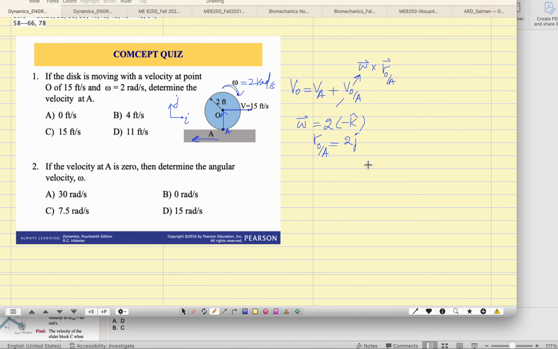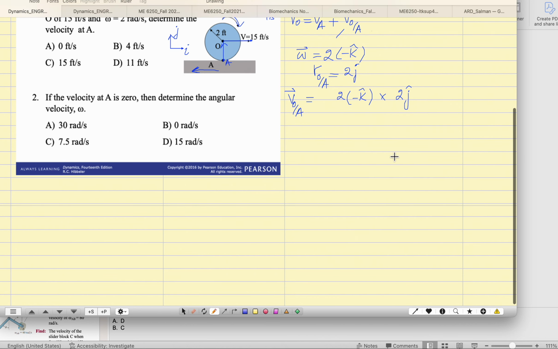Yes. Now let's do this multiplication. VO with respect to A is omega cross R, which is 2 times the J unit vector.